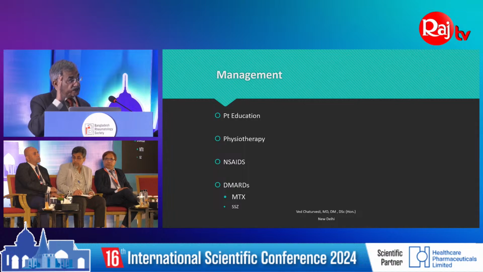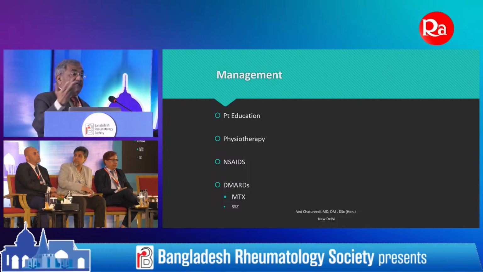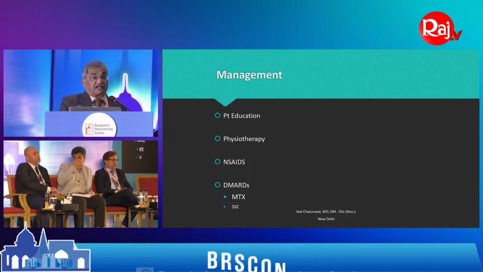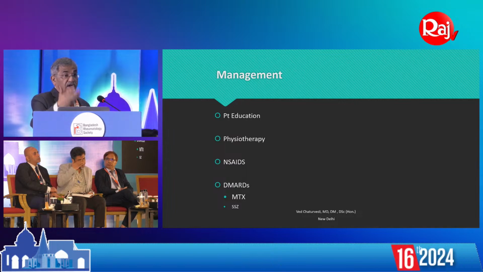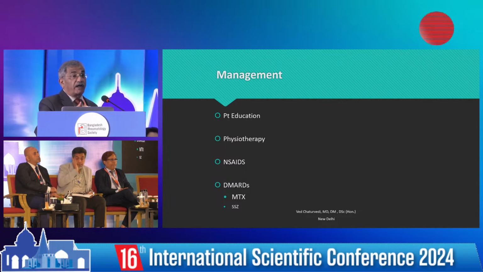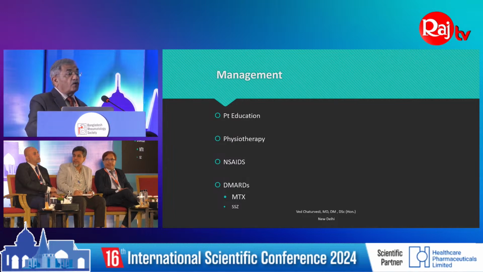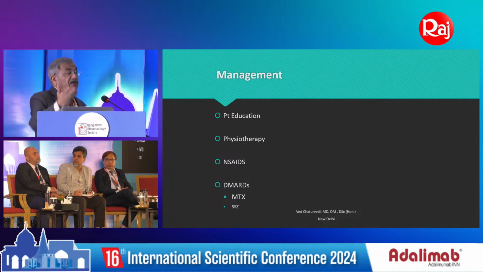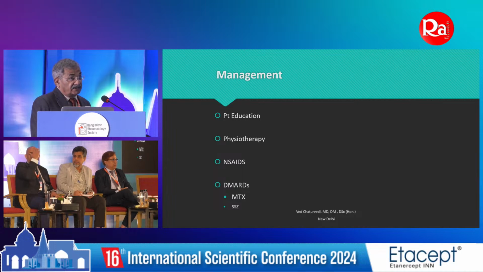Basically, it's patient education, physiotherapy. It's an inflammatory disease, an auto-inflammatory disease, so you require something to counteract this inflammation, so you require an anti-inflammatory drug, so NSAIDs, and of course, the present topic, whether you require traditional conventional DMARDs. So let's hear on that.